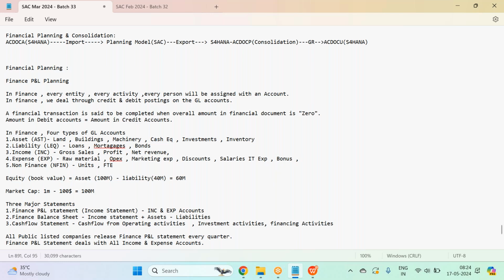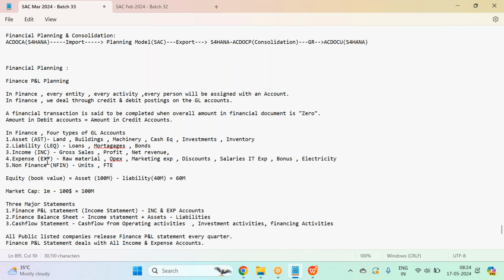Whatever amount we spend to pay electricity bills, they all fall into expense accounts. Suppose you're paying some lease, that also falls into an expense account.